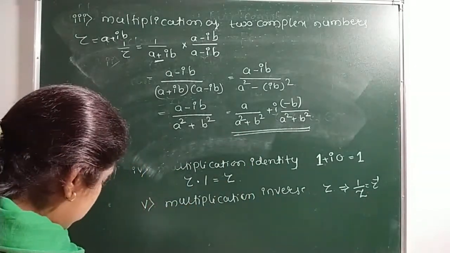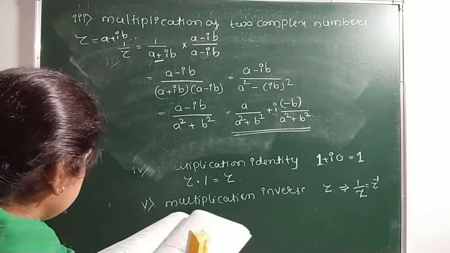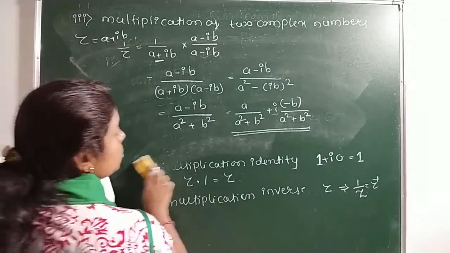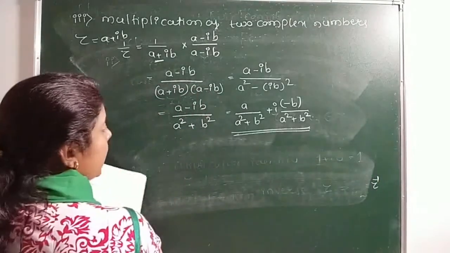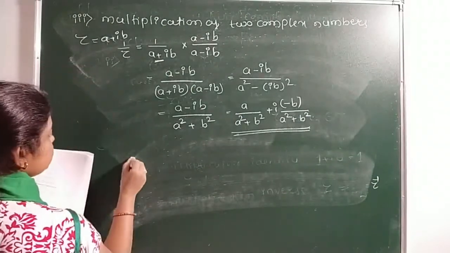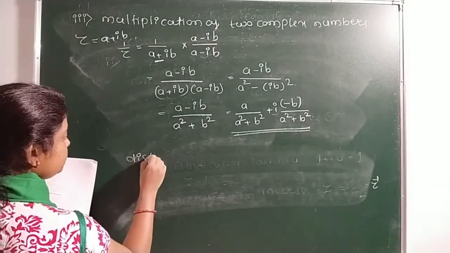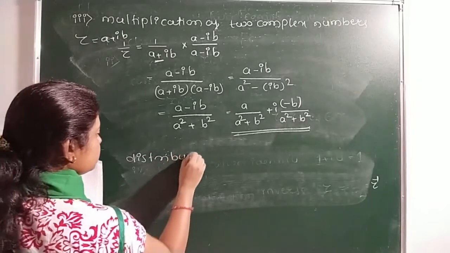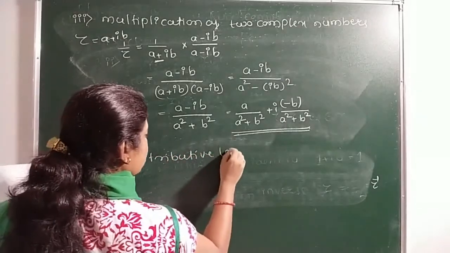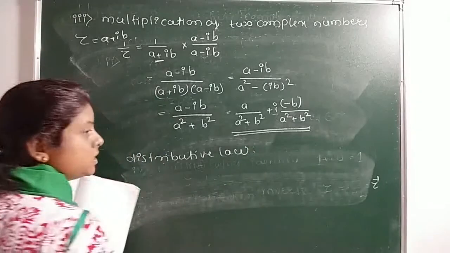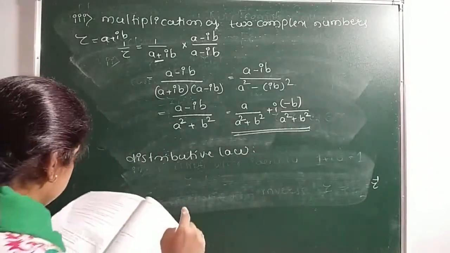Now one more law here is the distributive law. The distributive law is the combination of addition and multiplication.